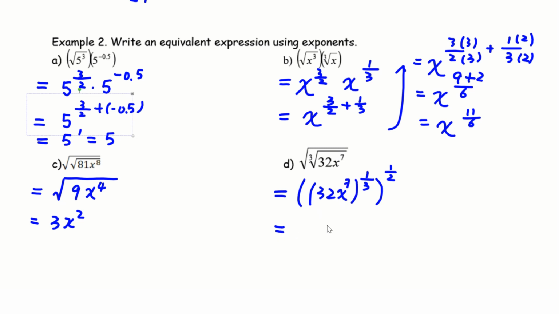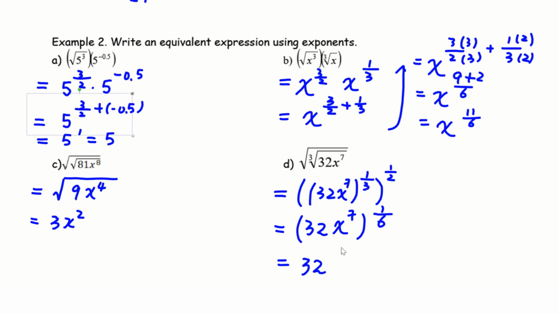Then you will see you have power of power, so it's 32 x to the exponent 7. Then power of power means times, so numerator times numerator, denominator times denominator, you have 1 over 3 times 2 is 6. Then this is a product rule, so we are going to apply the exponent to each factor of the base.